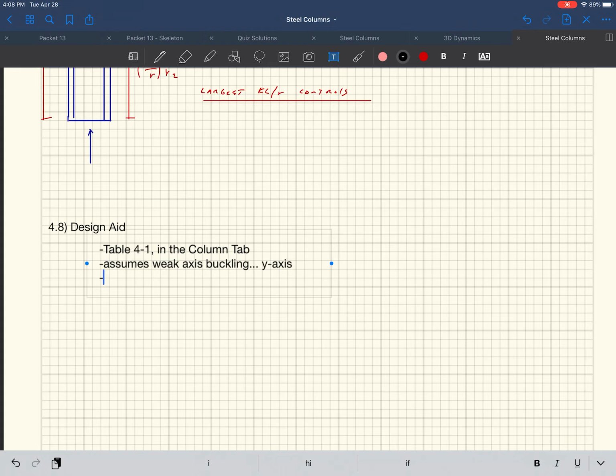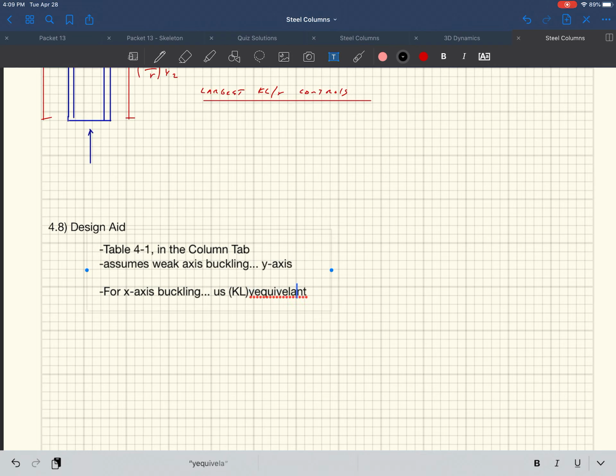But then we're going to use these tables for x-axis buckling. Use KL y equivalent.